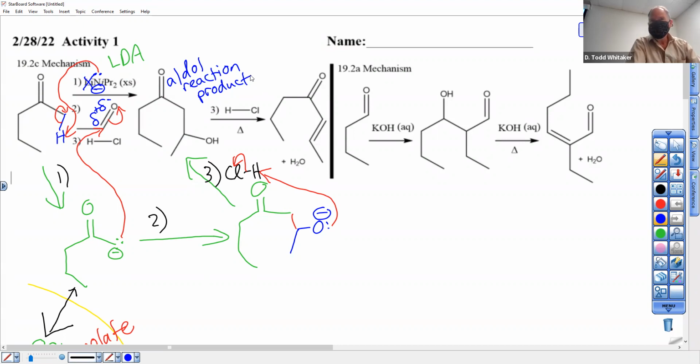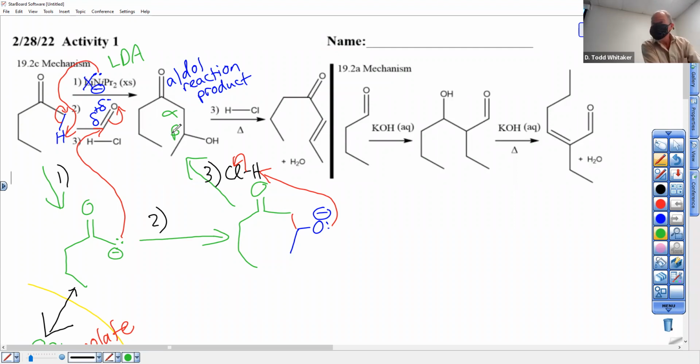Where's the alcohol? It must be beta. Why must it be beta? Because the alpha carbon was the one that attacked. The beta carbon here is the one that got attacked. So you always get a beta hydroxyaldehyde or ketone for an aldol reaction.